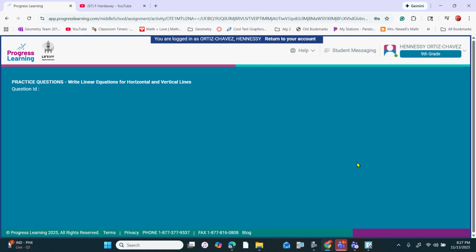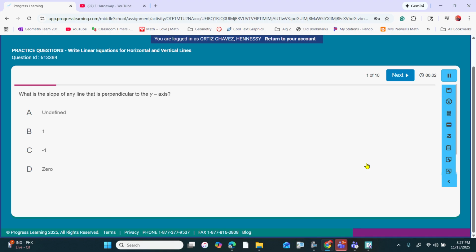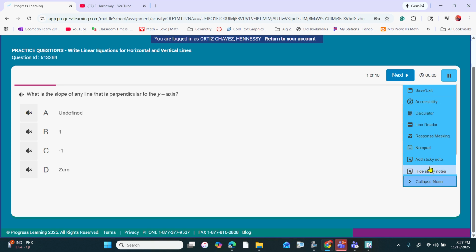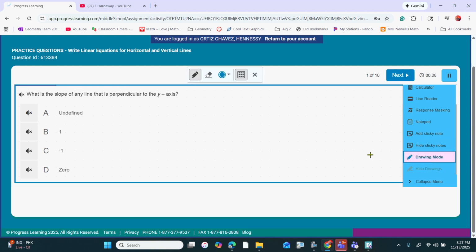I'm just going to skip around here and model some questions. So it says, what is the slope of the line perpendicular to the y-axis? So think about this. You might have to draw a picture. Like if I had a coordinate plane, I'm sorry, that's crooked, but basically you would have an x and a y, right?